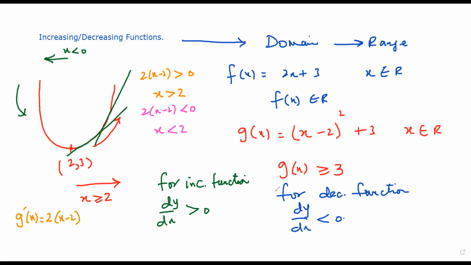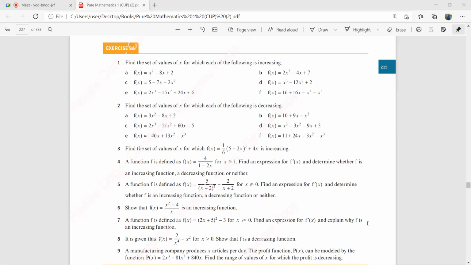Now let's go back to the exercise and try the questions from there. It says find the set of values of x for which each of the following is increasing. Your first step will always be finding f dash of x, or if it is y equal to something, you find dy by dx.